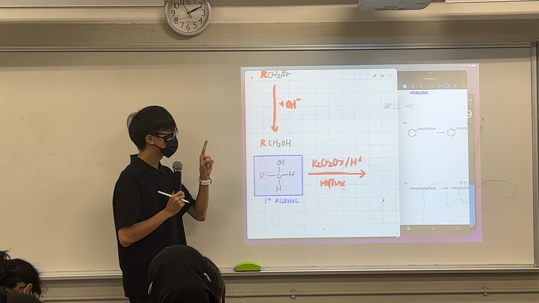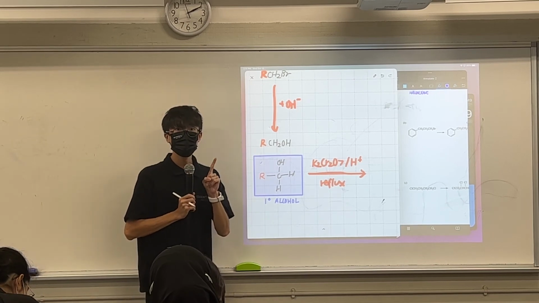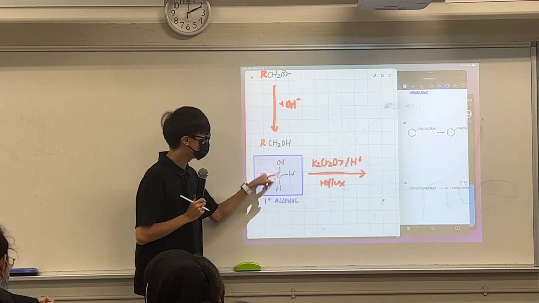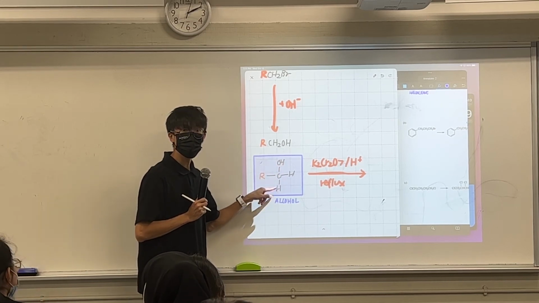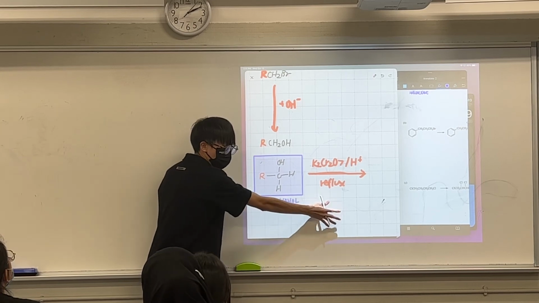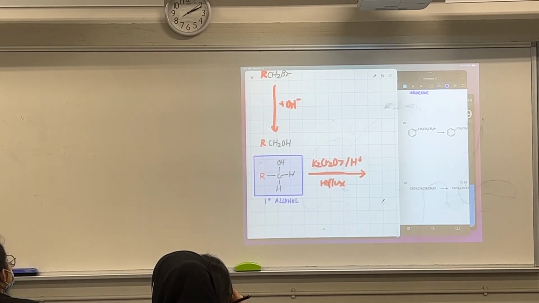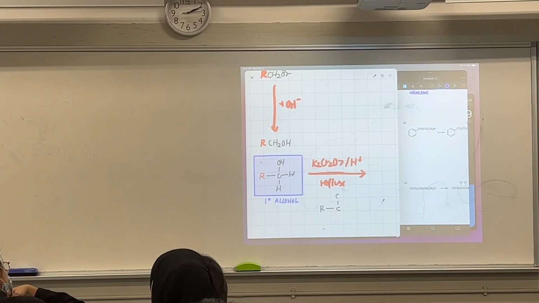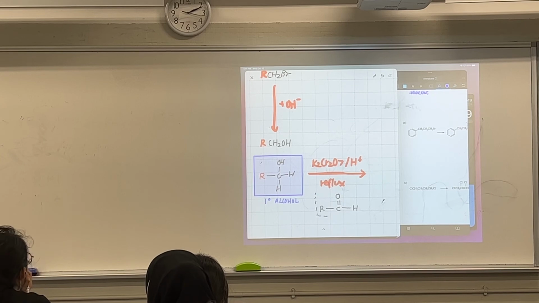The first definition of oxidation is the removal of hydrogen. Remember the two hydrogens that we removed? Yeah, so can you remove that? We will go through the aldehyde station in the middle, which is R, C double bond O, H. So this is the aldehyde that we get in the middle process.